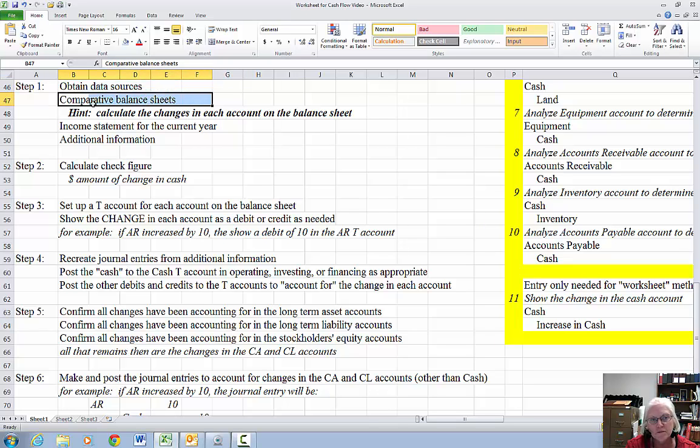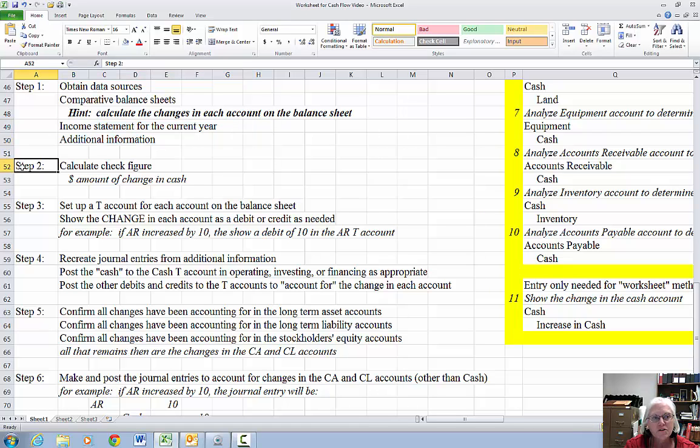And as soon as you get them, you need to go ahead and calculate the changes in each account on the balance sheet, because what we're going to do is explain the change that happened in each account on the balance sheet. In addition to the balance sheets, you're going to need an income statement for the current year, and generally problems are going to give you some additional information. Sometimes in the easier problems they will not give you the income statement, and they'll just give you the information you need off of it in the additional information. So don't stress if you don't have the income statement.